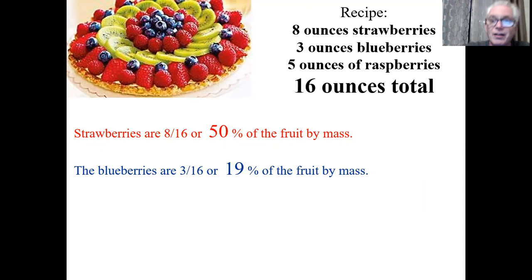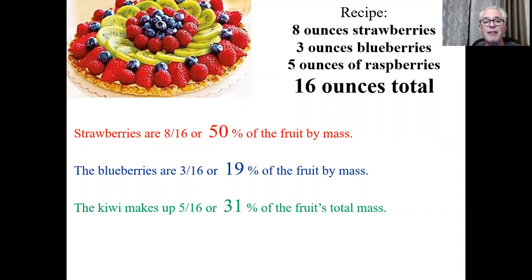Here, let me get my calculator, and I will show you exactly how to do that. 3 divided by 16 equals times 100 equals, can you see that? 18.75, which I rounded to 19. Now the last part, the rest of it, there's no more, it's just these 3 fruits that make up 100%, would be 5 out of 16 times 100%, that's 31%.